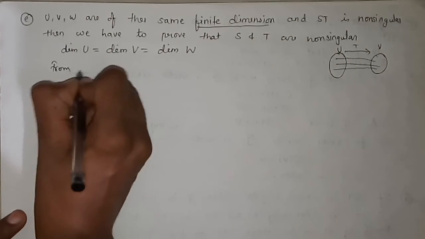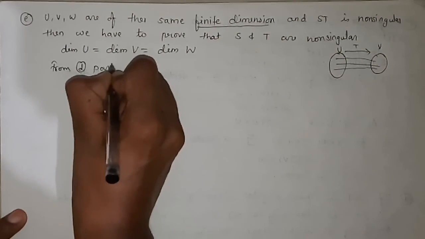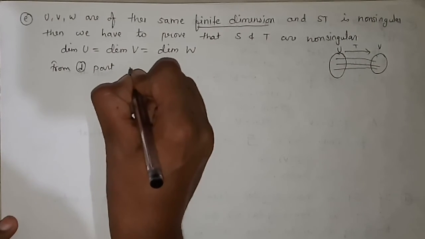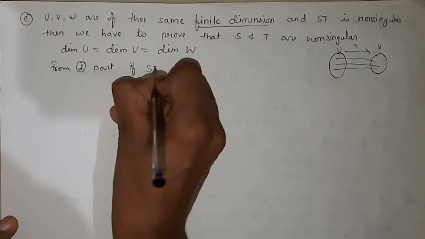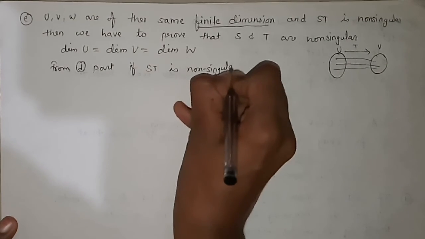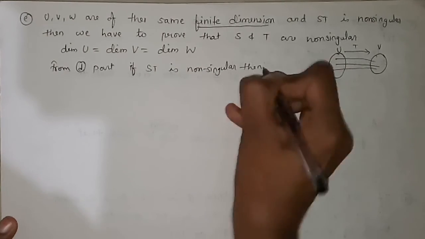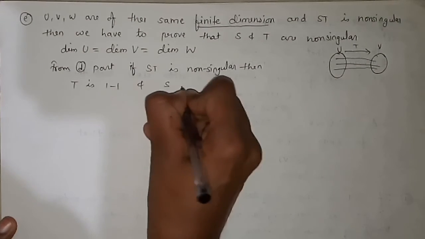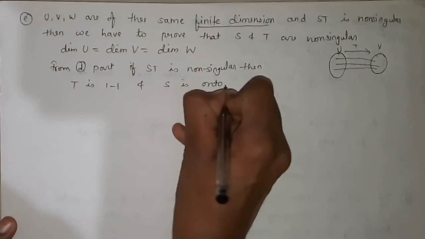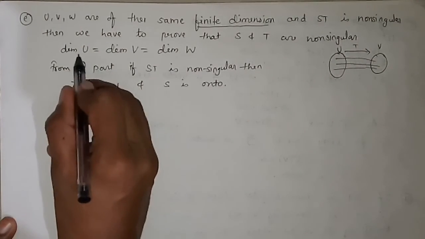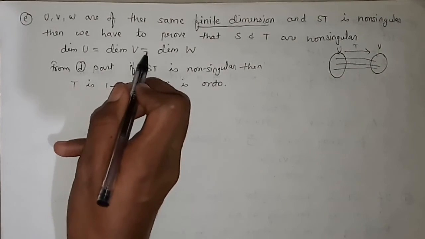So from this what we can conclude, see, from D part it is given that if ST is non-singular, then T is 1-1 and S is onto. It is mentioned in our last part. But here dimensions of U, V and W are equal.